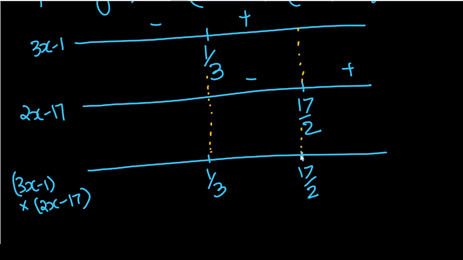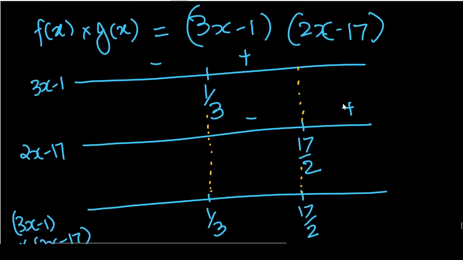Now I will write the sign of these two. This is plus, this was plus, so here also it is plus, obviously. Now here it is minus, for 2x minus 17 this is minus, so here also it will be minus.